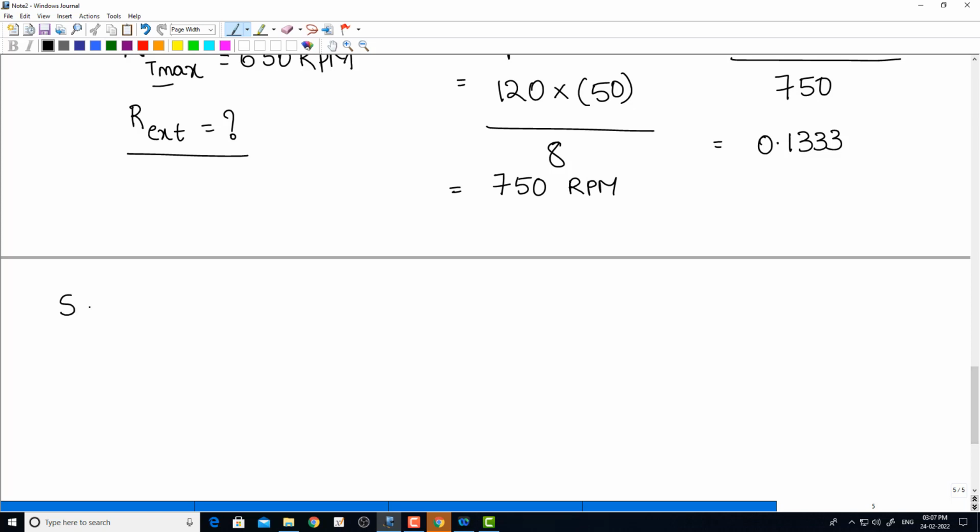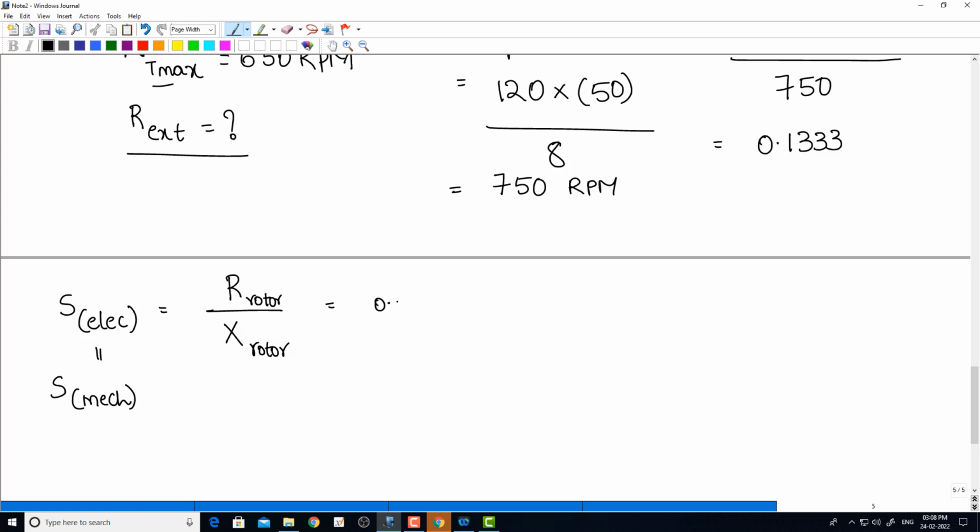Slip electrically can be calculated as the rotor resistance divided by the rotor reactance. And we know that slip mechanical is equal to slip electrical.